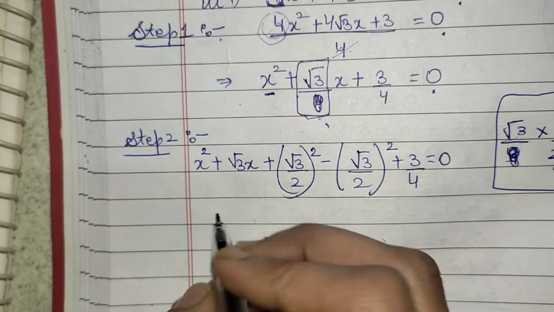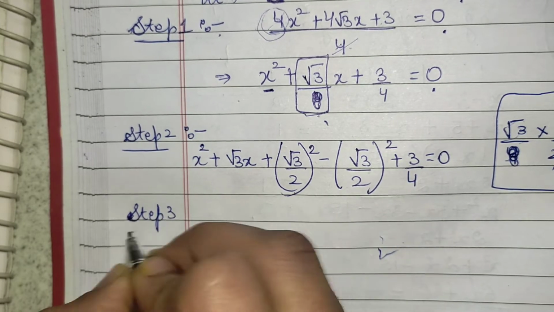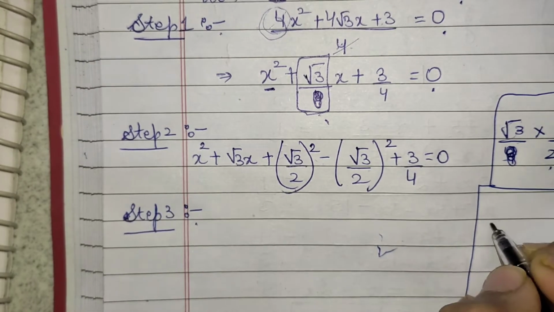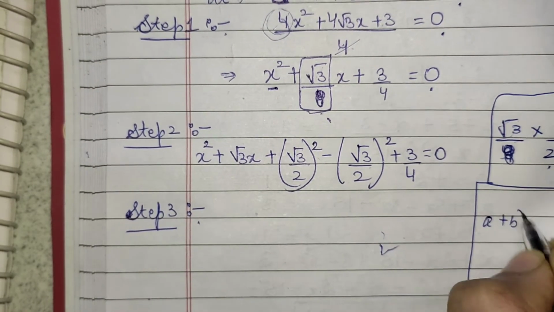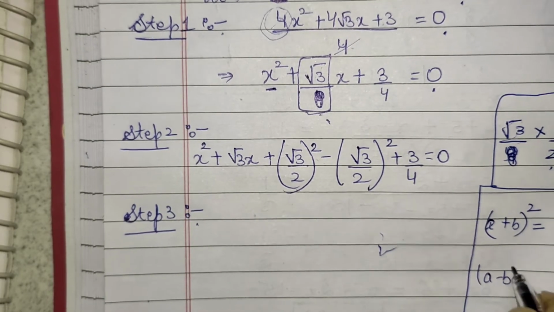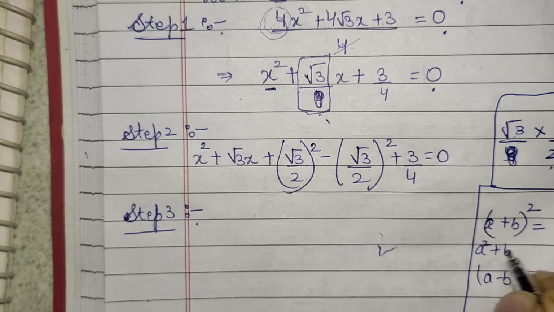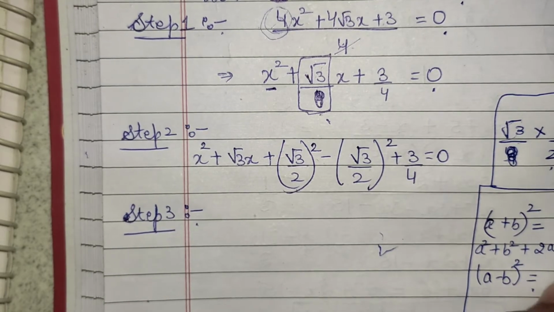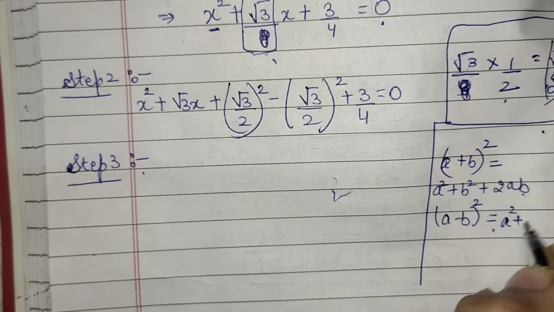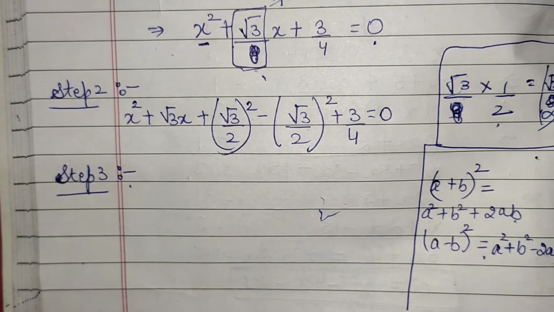So you know the steps very well, right? Step number 3 is what? We have to convert our given equation in the form of a plus b whole square or a minus b whole square. The formula is a square plus b square plus 2ab, or here the formula is a square plus b square minus 2ab.